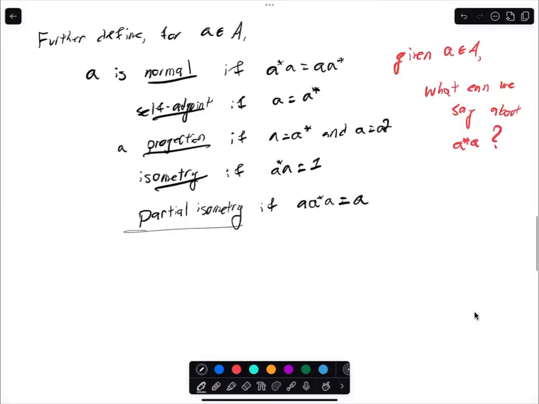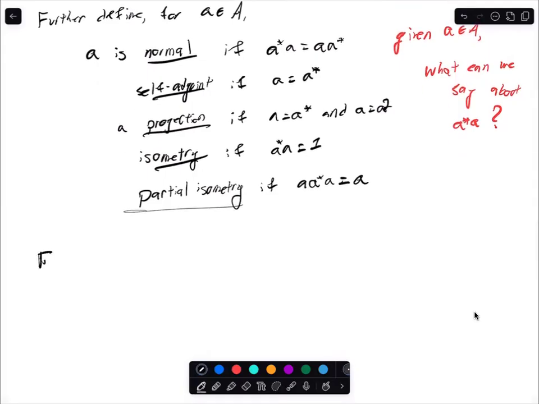Good. So let's get into a couple of facts.